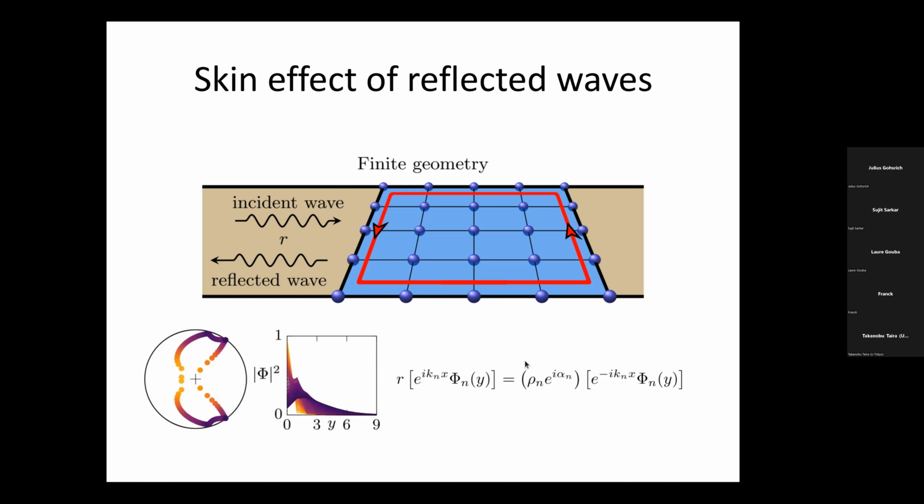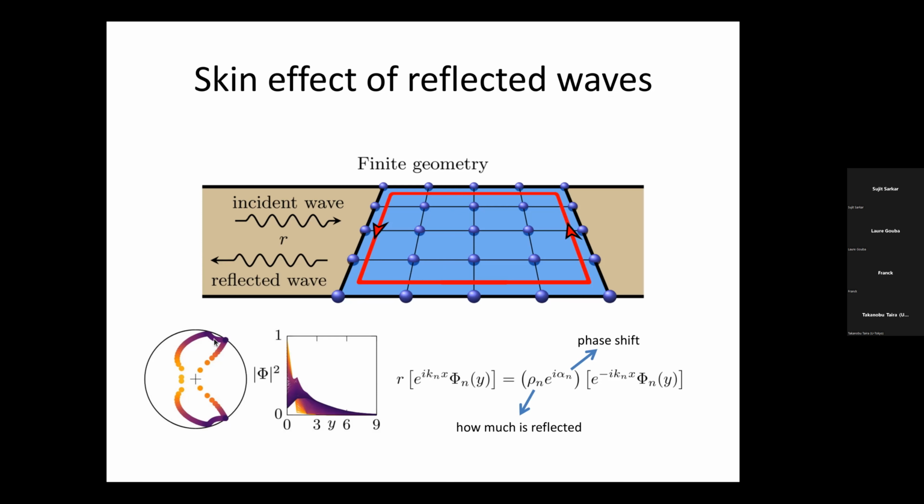The eigenvalue associated to this reflection matrix is complex. They are plotted here. They're definitely complex. And what they mean physically is they describe the process of reflection itself. So the amplitude, the modulus of this complex number, tells you how much the wave is reflected. So over here, close to the unit circle, I have a modulus close to 1.